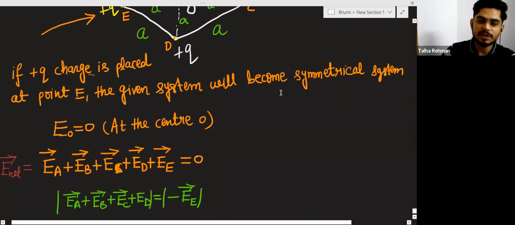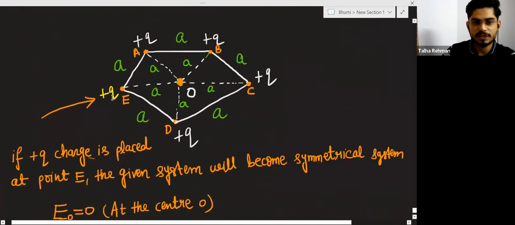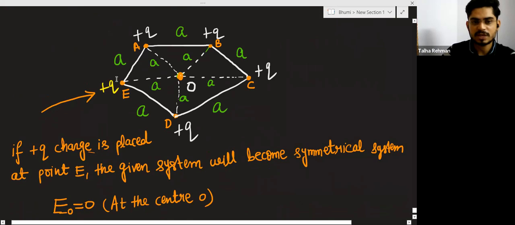So simply calculate the magnitude of the electric field at point E. At E we have placed the charge plus Q, and due to this plus Q charge, this distance is A, and we have to find the electric field at this point due to this charge. Bhumi, please tell me what is the value of electric field due to this positive charge at this point, at a distance A from this charge?